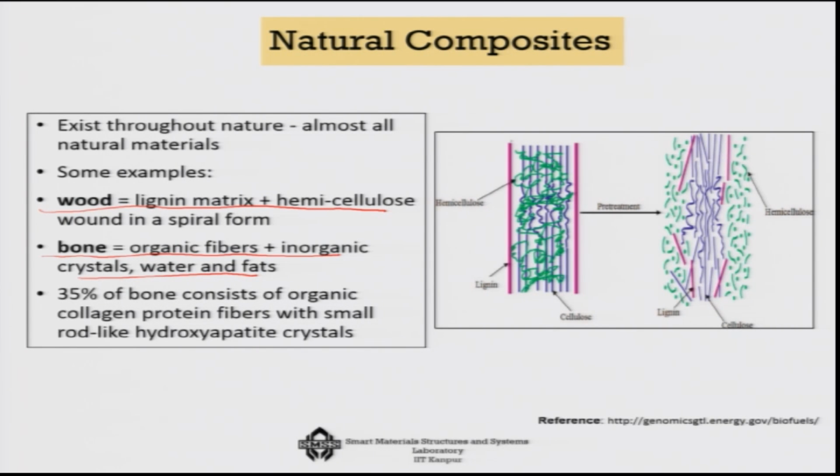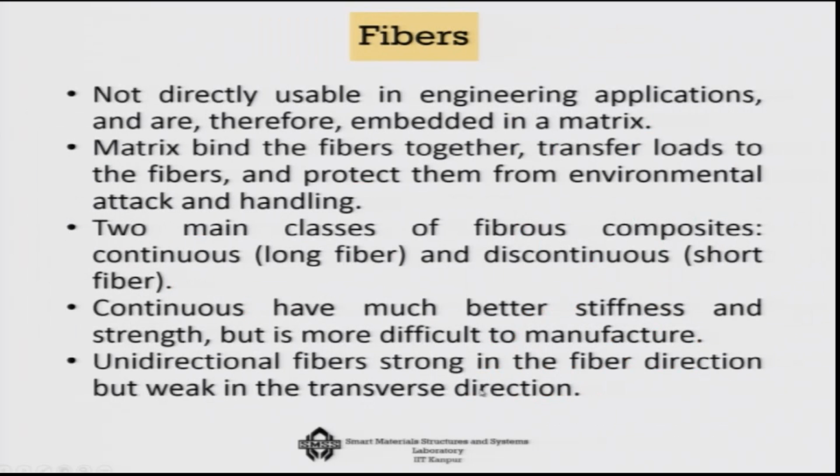We will also see that we take inspirations from both of them in smart materials in terms of developing composites which can heal itself, self healing materials. We will talk about it towards the end of our course, self healing smart materials. So, that is about the natural composites.